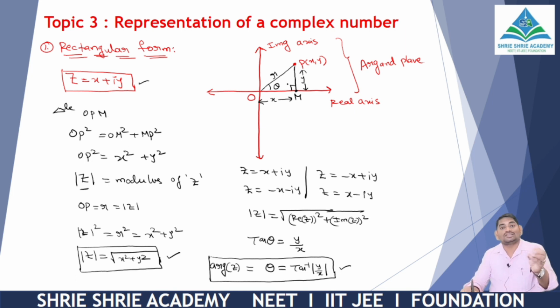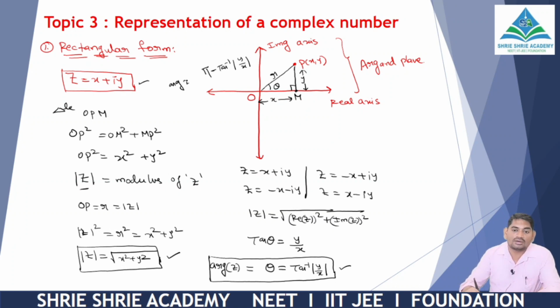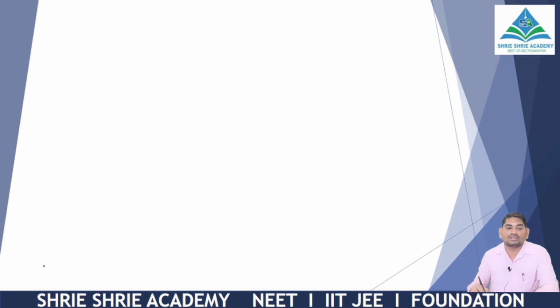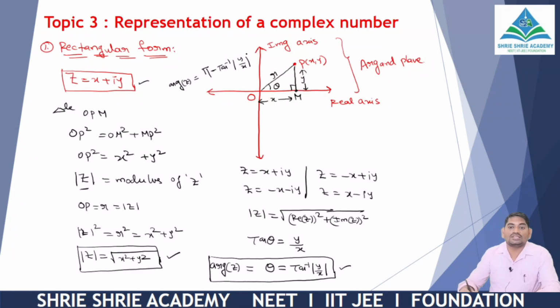If point P lies in the second quadrant, then its argument is pi minus tan inverse of mod y by x.